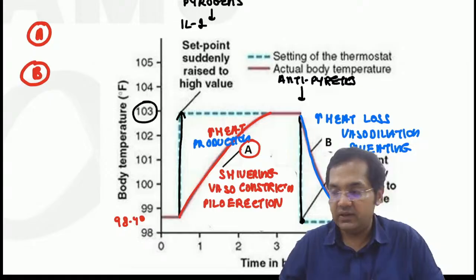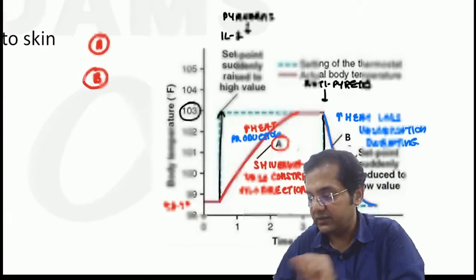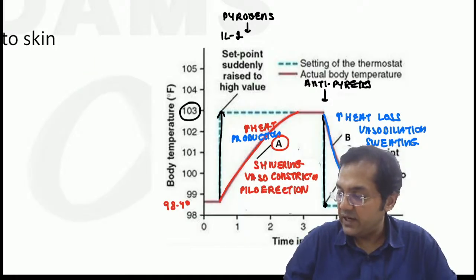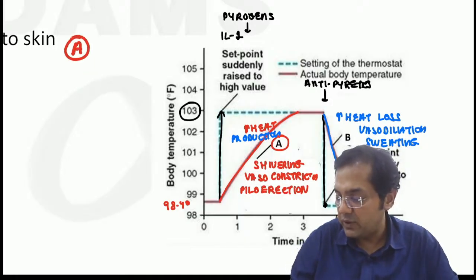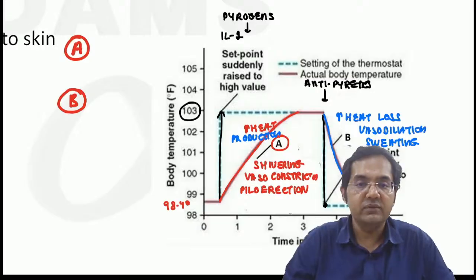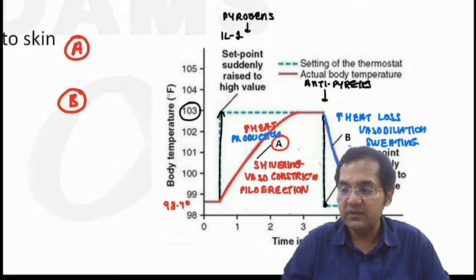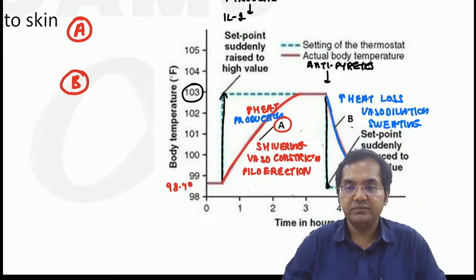A or B? Anterior hypothalamus is stimulated where? A or B?